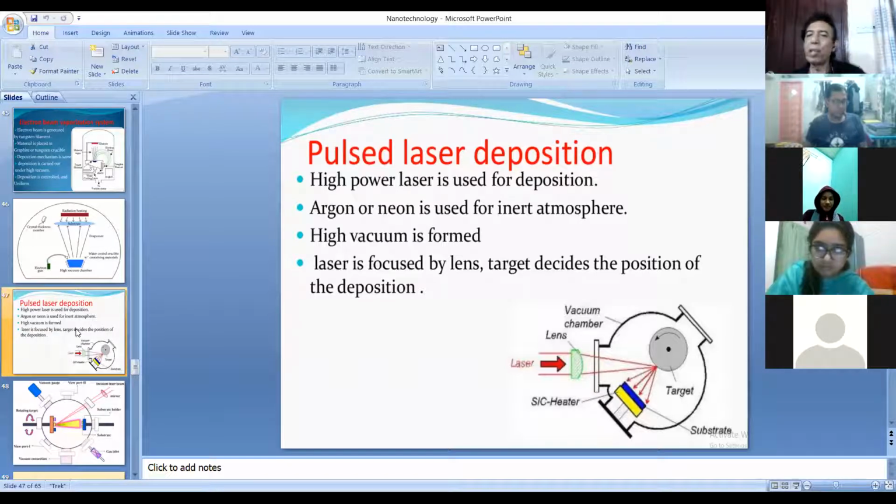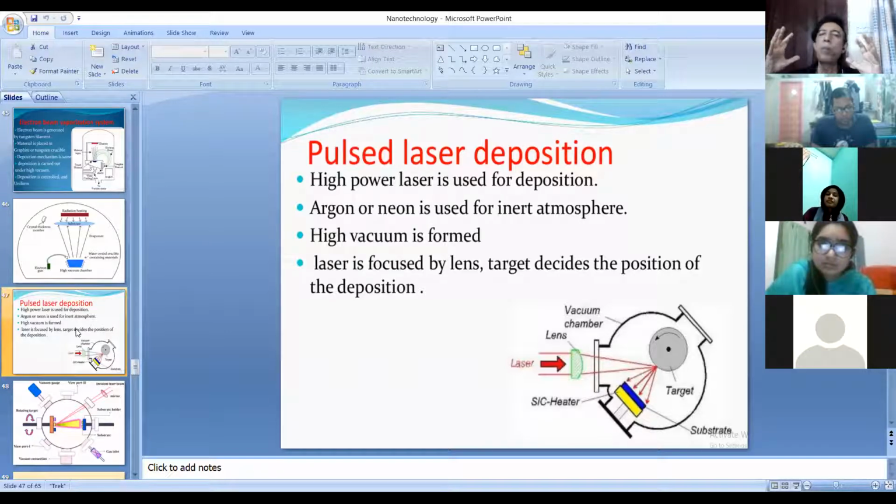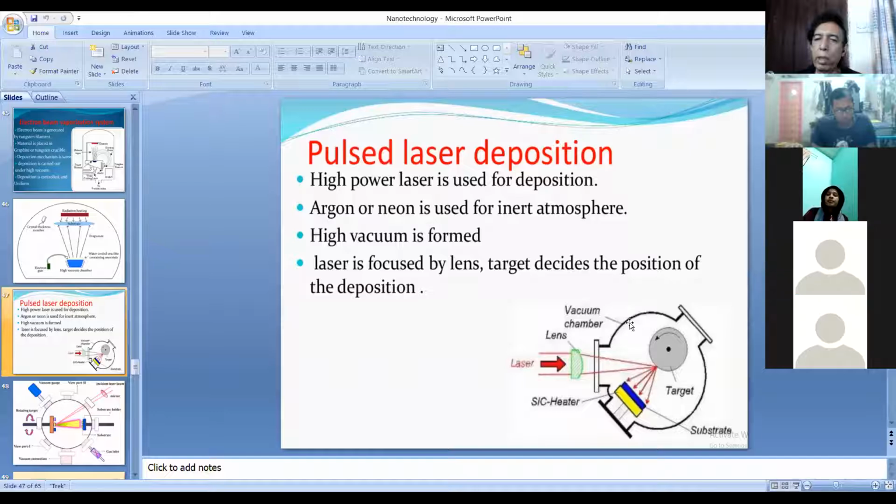What do you mean by plasma? Plasma means it is a combination of ions. Say for example, in this chamber, there is argon gas.